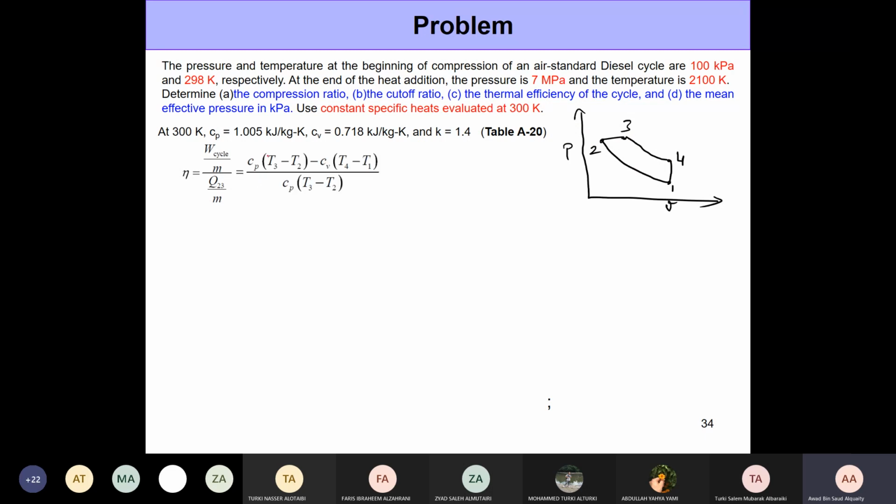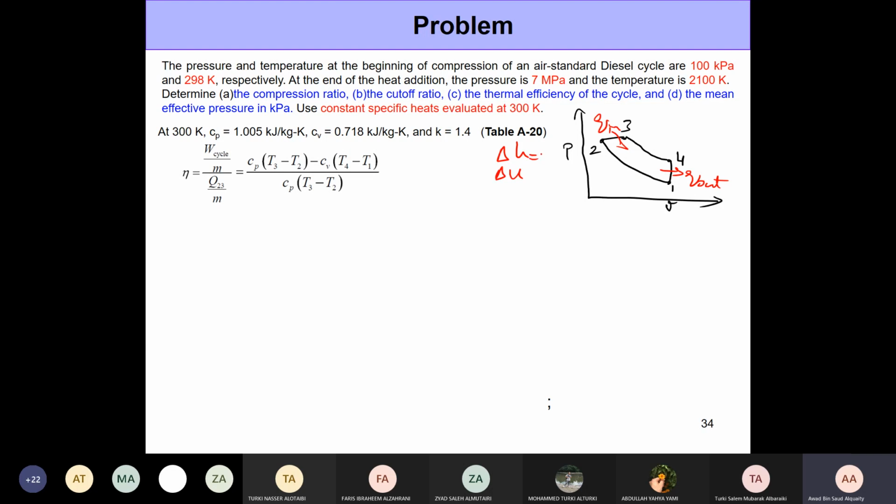So here heat addition is happening during the process 2 to 3 and Q_out happens during the process 4 to 1. All right. Since we are dealing with constant specific heats, we don't have to calculate the changes in enthalpy or internal energy by looking up the values at the specific temperatures.